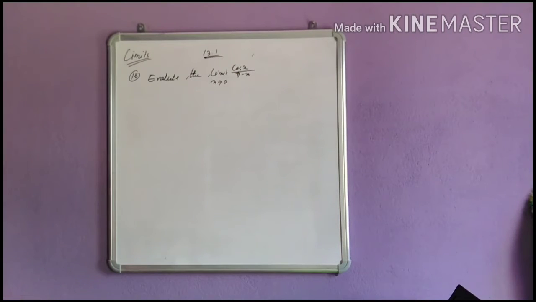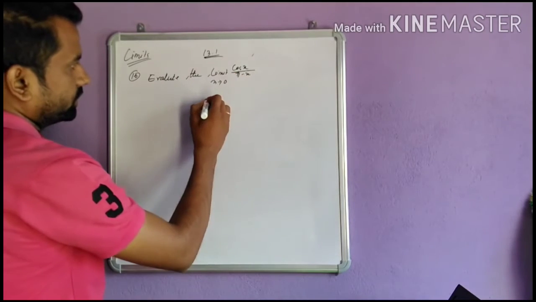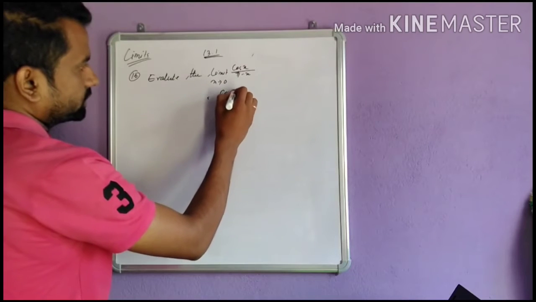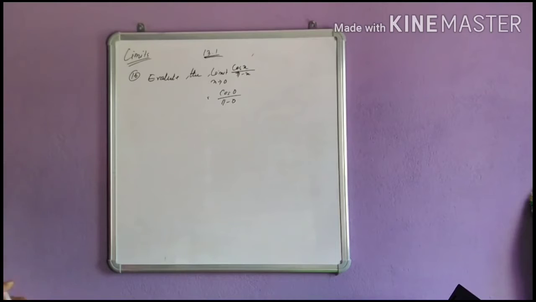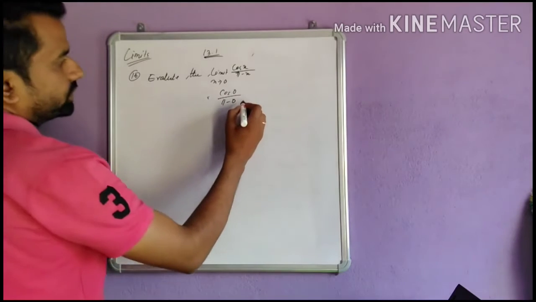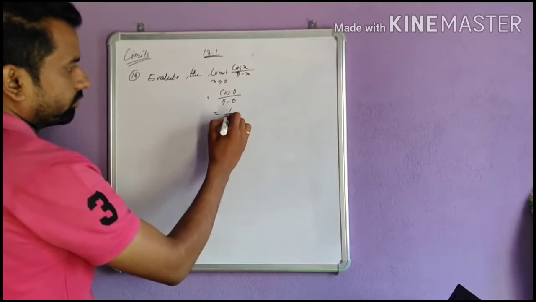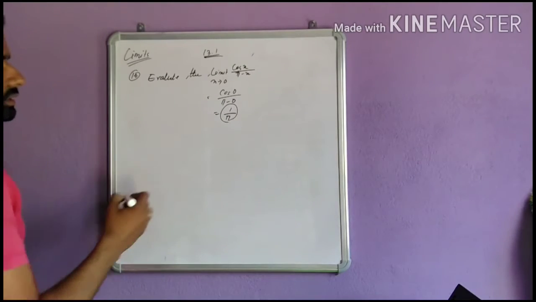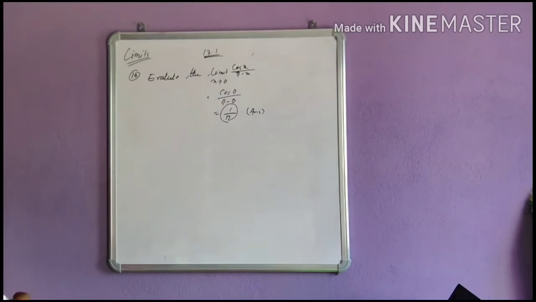You put the direct value of x in the expression. You get cos 0 by pi minus 0. The value of cos 0 is 1, then 1 by pi. 1 by pi is the answer.